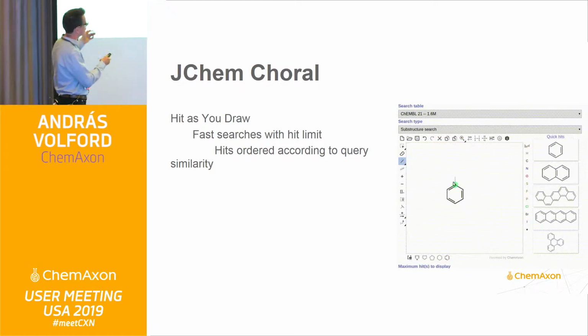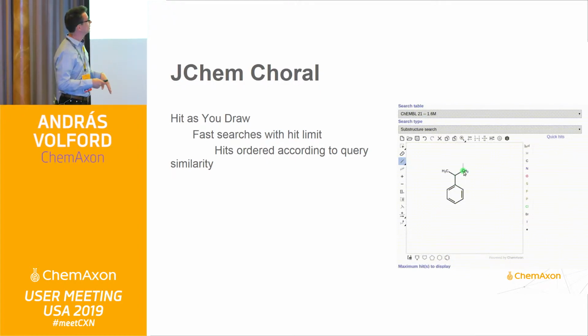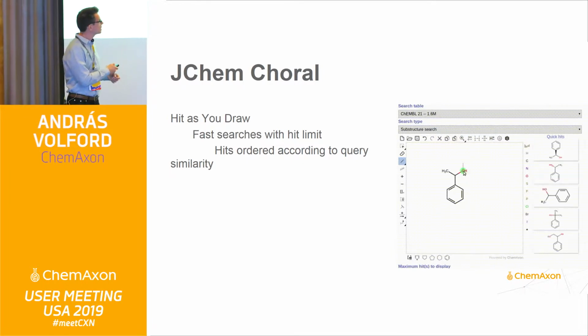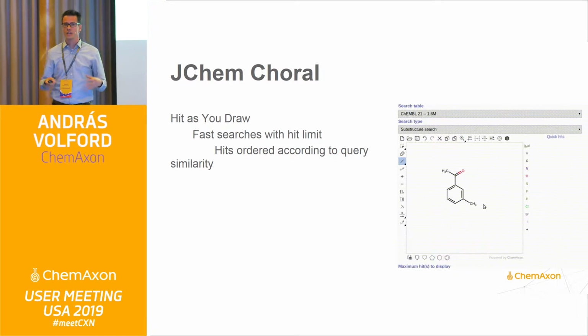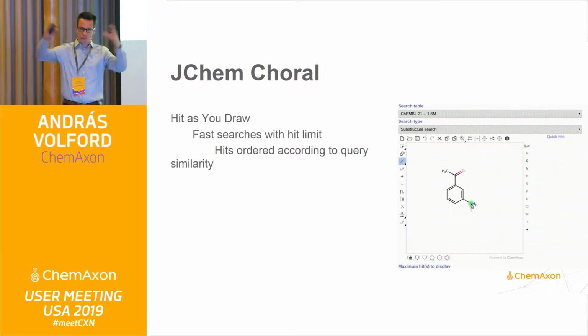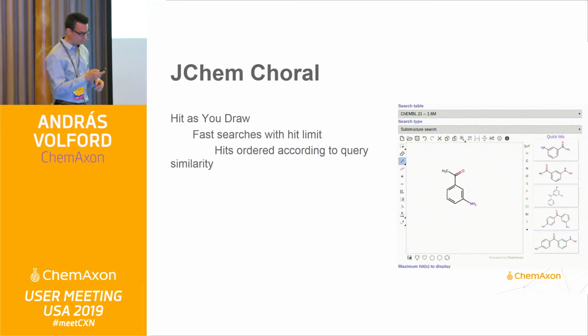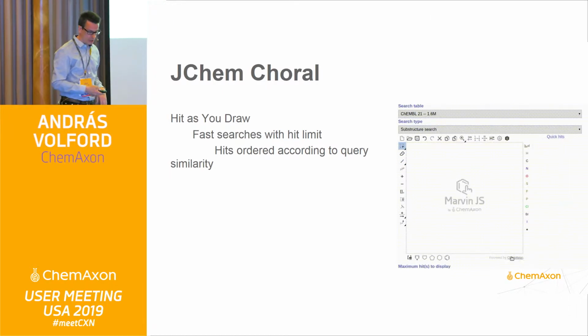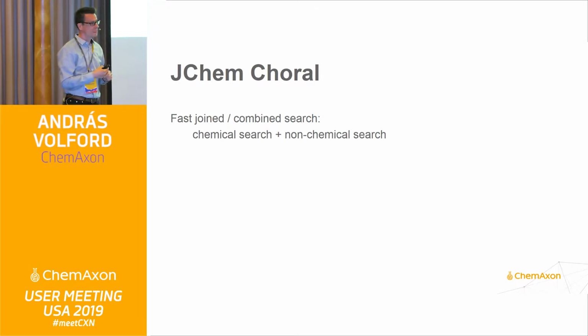Just the first, let's say, 100. And the other feature, which is heavily needed in this case, is that the hits are ordered according to the similarity to the query structure. You don't want to see arbitrary or very huge structures if you are searching for a very simple structure.